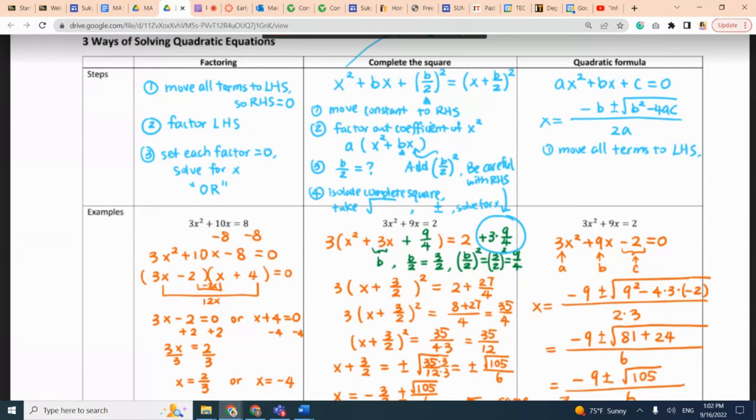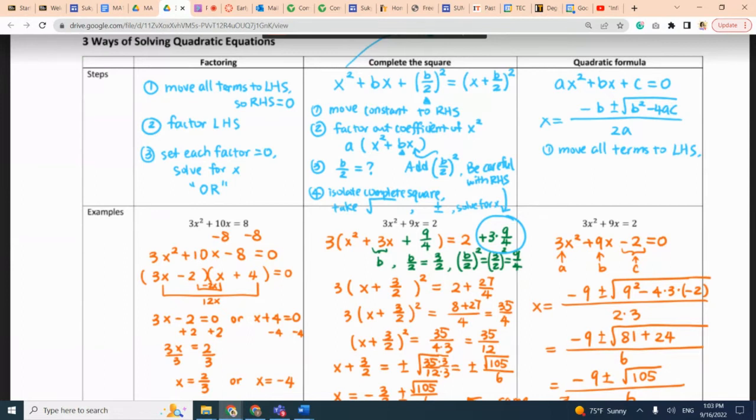So after we factor it, we can then set each factor equal to 0 and then solve for x. So we set this factor equal to 0 or this factor equal to 0. For a product of factors equal to 0, each factor can be equal to 0, so you put the or to connect them. Then we solve for x.